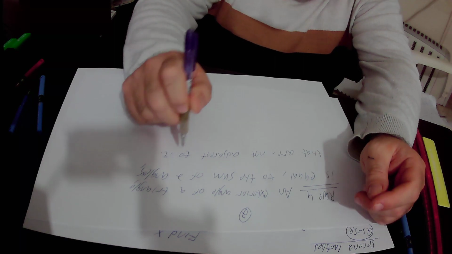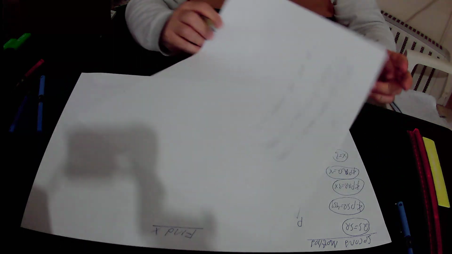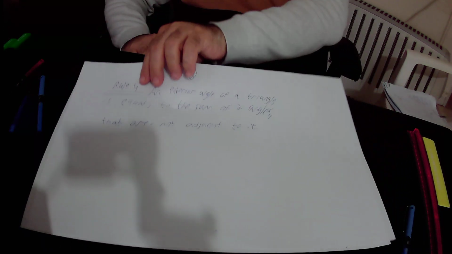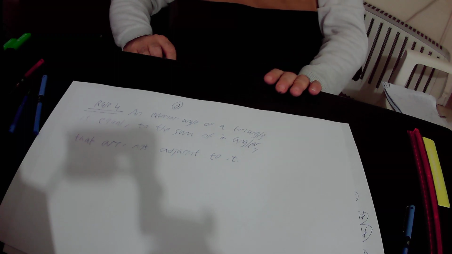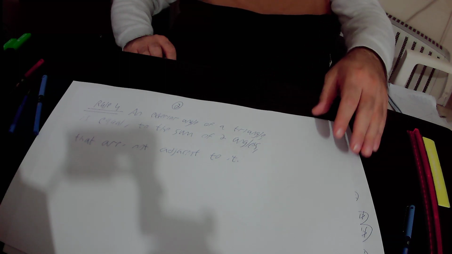I repeat again on rule number 4. According to rule number 4, an exterior angle of a triangle is equal to the sum of the two angles that are not adjacent to it.